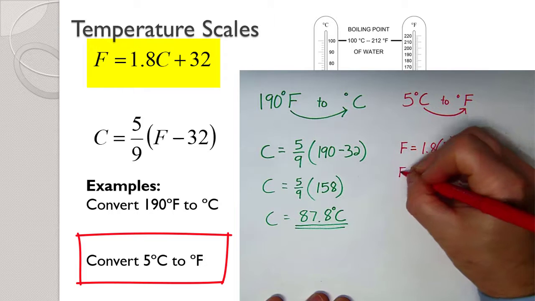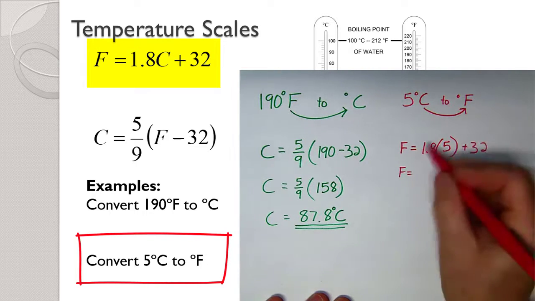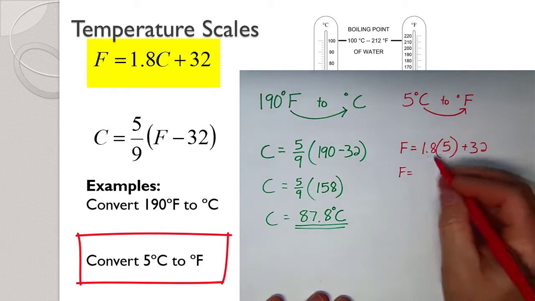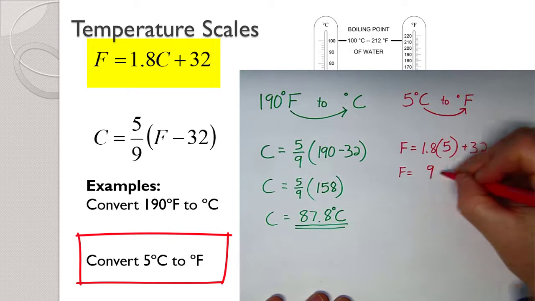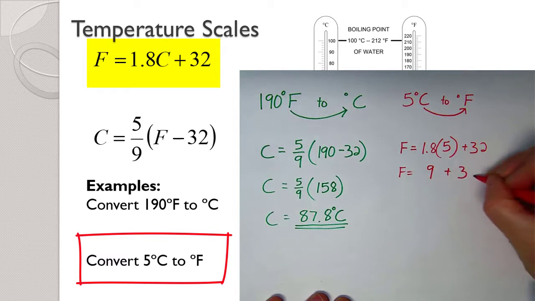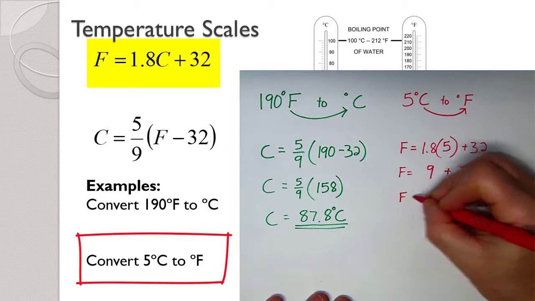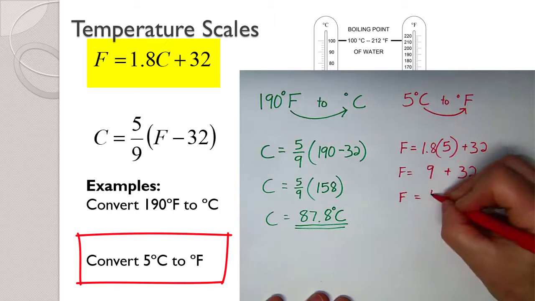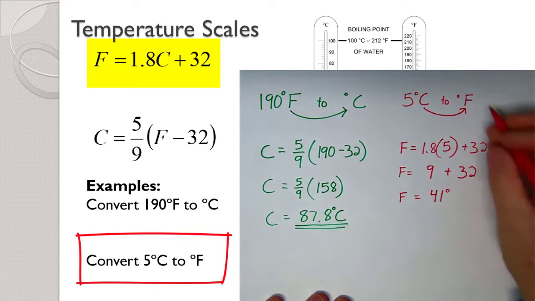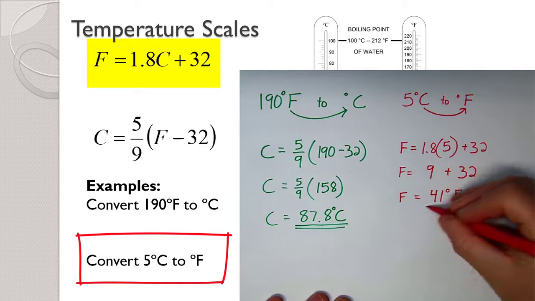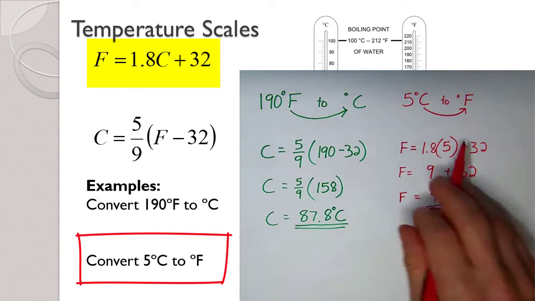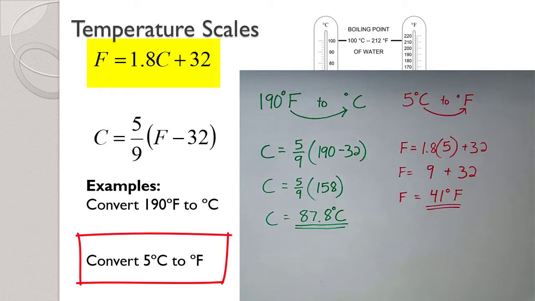So your calculator will tell you that 1.8 times 5, order of operations, we do that multiplication first, that's going to be 9 plus 32, and our new Fahrenheit temperature is 41 degrees. And again, we'll label that that is now a Fahrenheit temperature. So it's pretty easy to switch between those two.